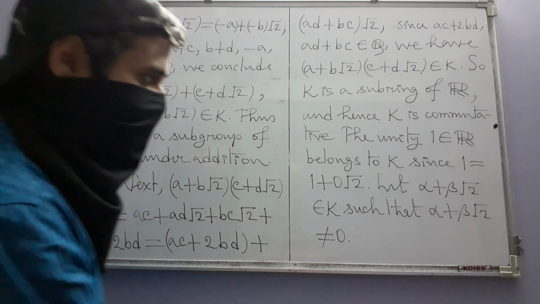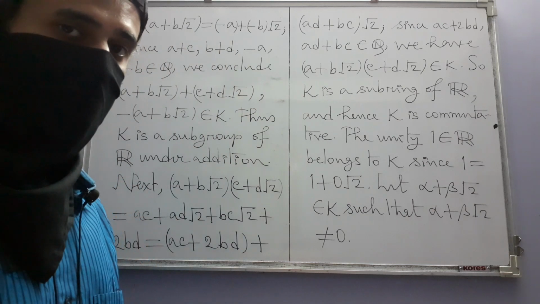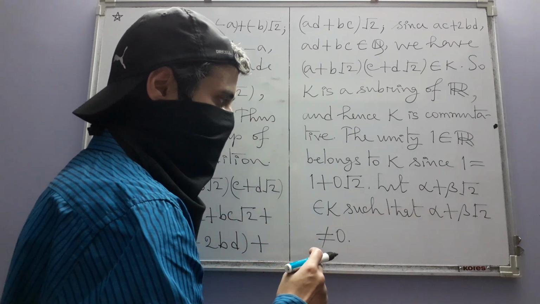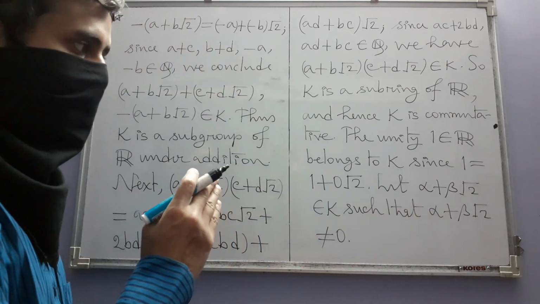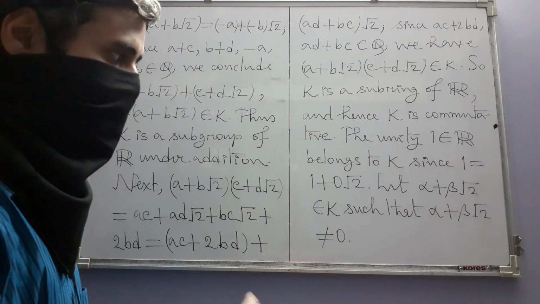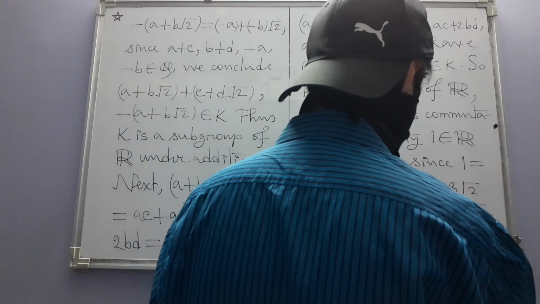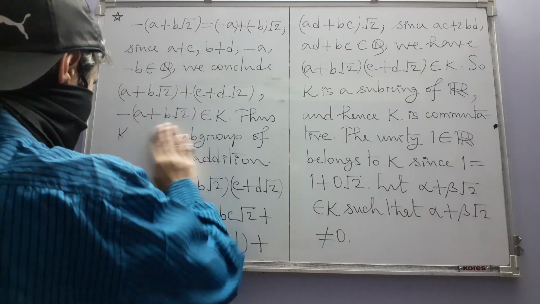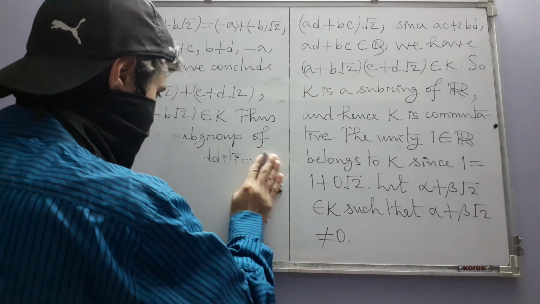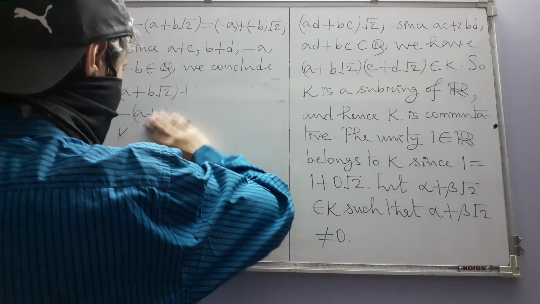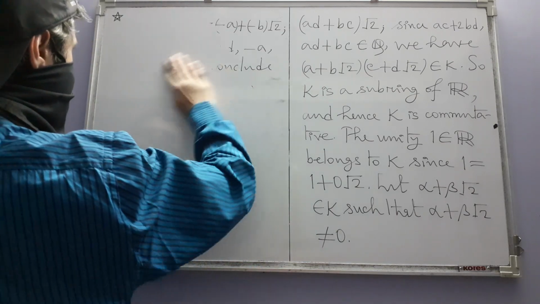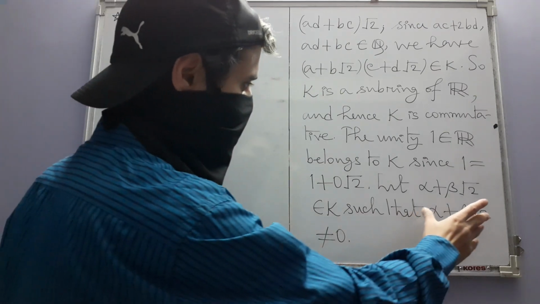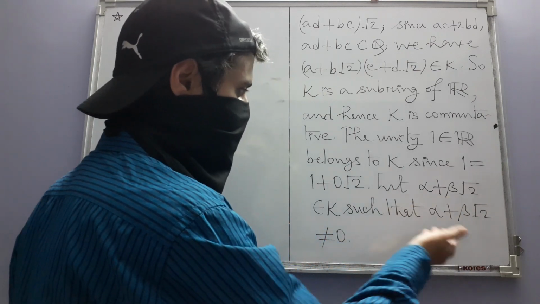Now, the fact that this has been chosen to be non-zero implies that, what I'm trying to say is this: alpha square is not equal to 2 beta square. I have got a little confused here. Let me just see what the multiplicative inverse of this element will be. Okay, that multiplicative inverse, of course, will just simply be the reciprocal of this real number.